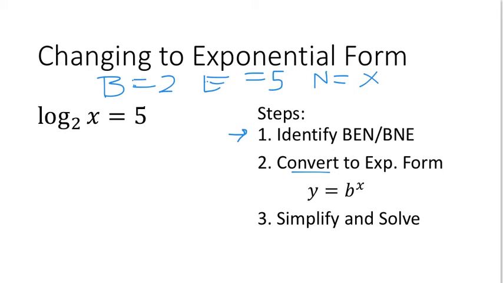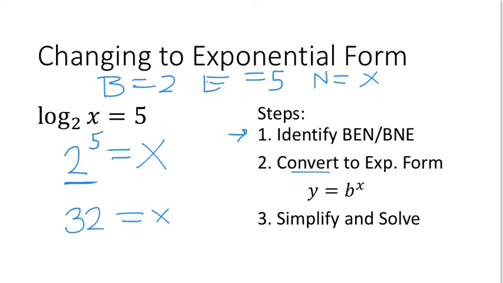So what this means is that 2 to the power of 5 is equal to x. From there, I can now solve that, because now I have something on this side that I actually know how to evaluate: 2 to the 5th is 32. So x in this case equals 32.